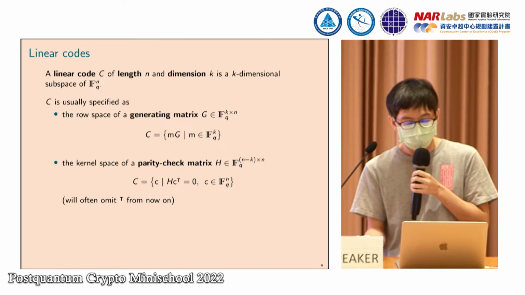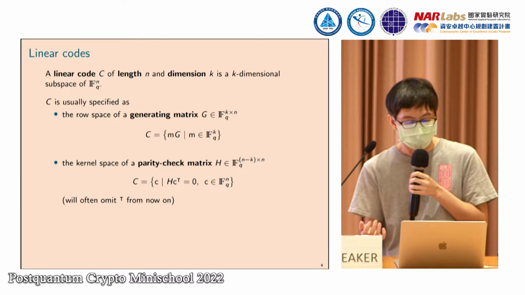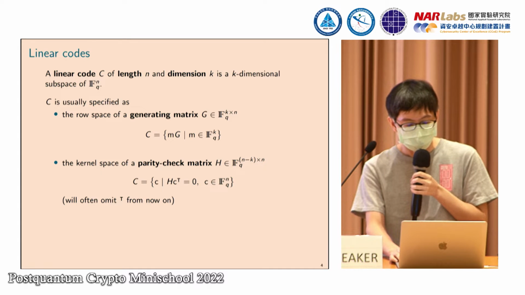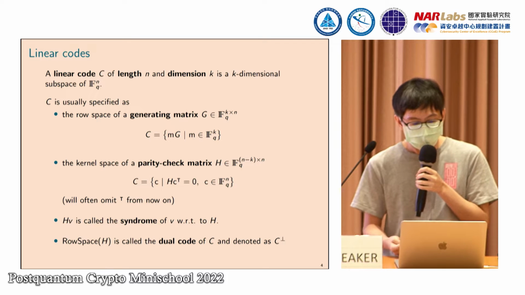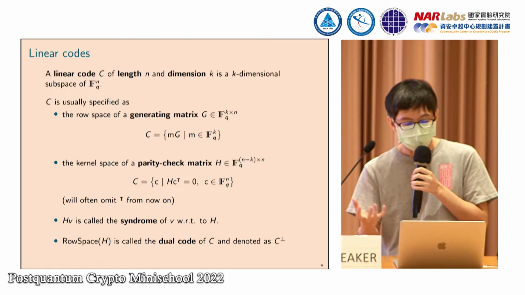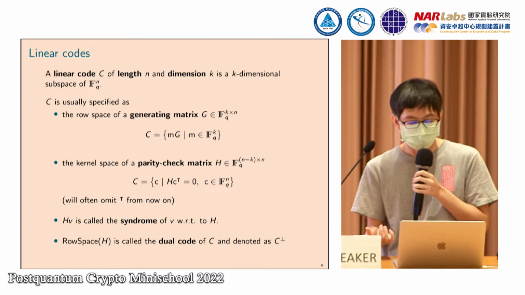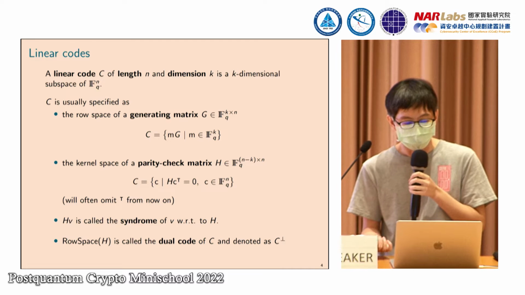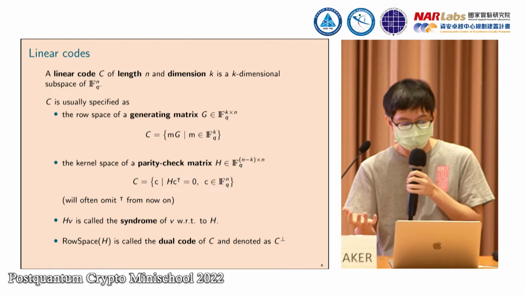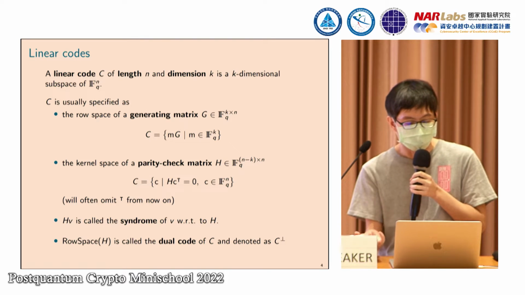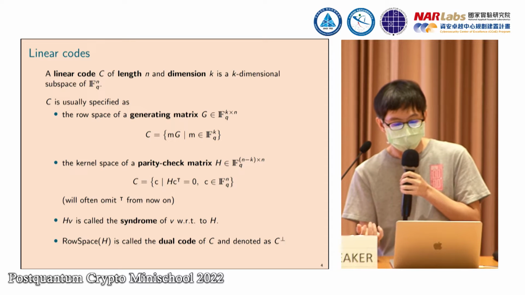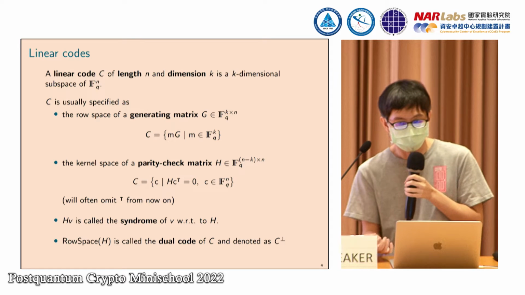As I write here, I'll often omit the transpose sign in later slides. And some more terms. If you have a vector, it doesn't have to be a codeword, and you multiply the parity check matrix by this vector, the result is the syndrome of the vector with respect to this parity check matrix.